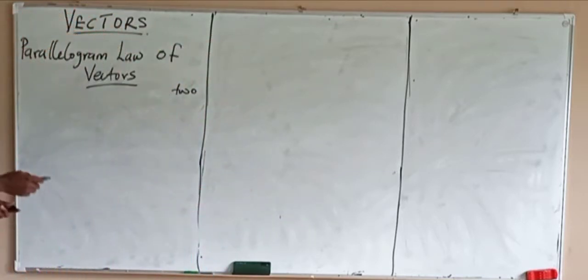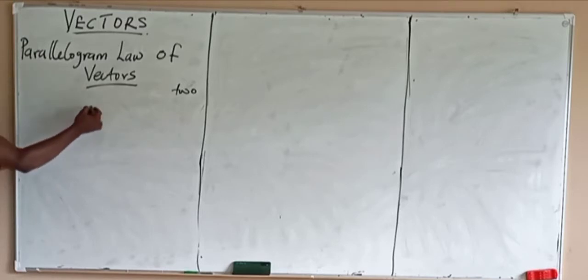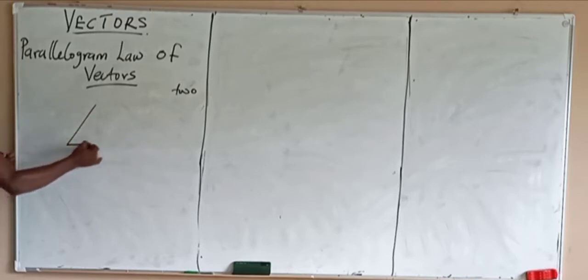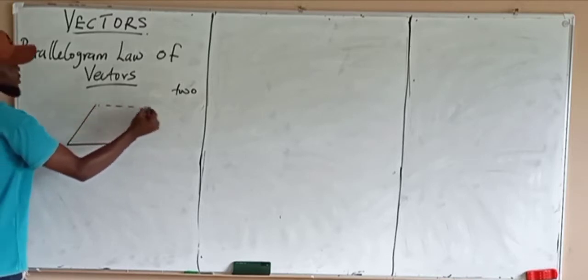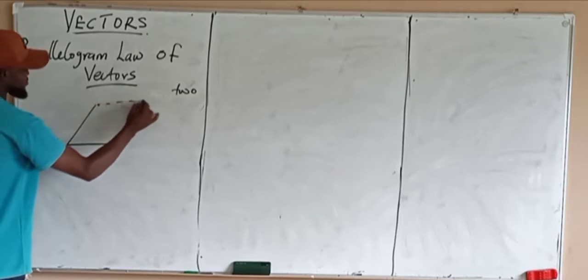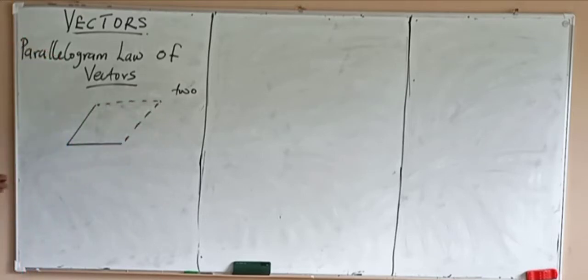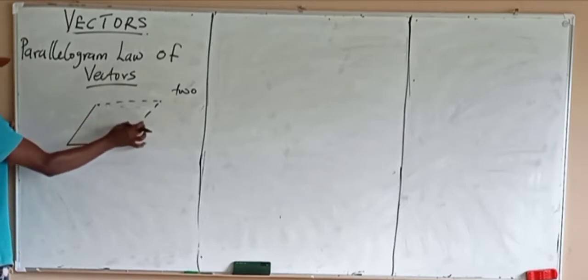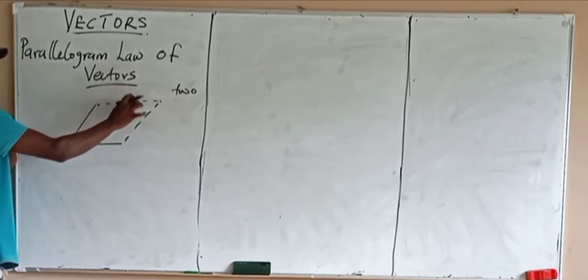Look at what I'm going to say. We said if two vectors are represented in magnitude and direction by the two adjacent sides, look at the parallelogram like this. This is a parallelogram. This side is the same as this side, and this side is the same as this.